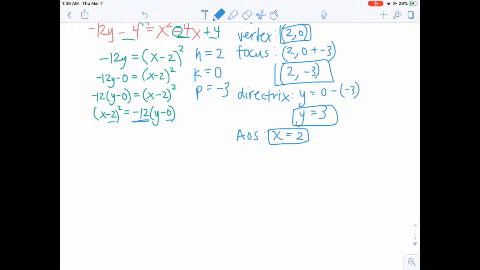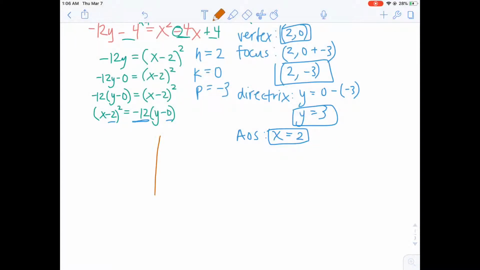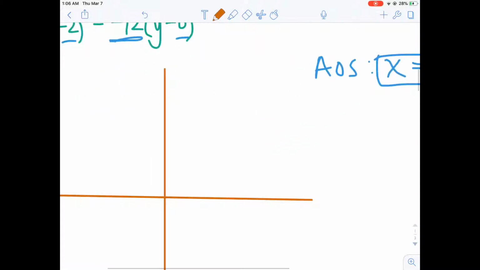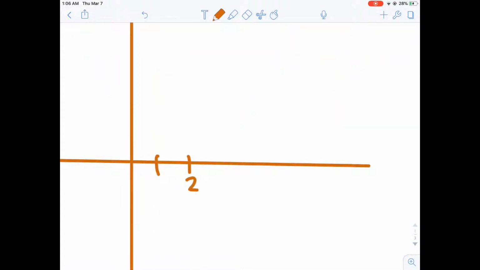Now that we have all of these parts, we're going to go ahead and graph. So let's make my coordinate plane here. There we go. Vertex is at 2, 0. So 1, 2, 0 right there. I'll label that. Oh, disappeared. Here we go.